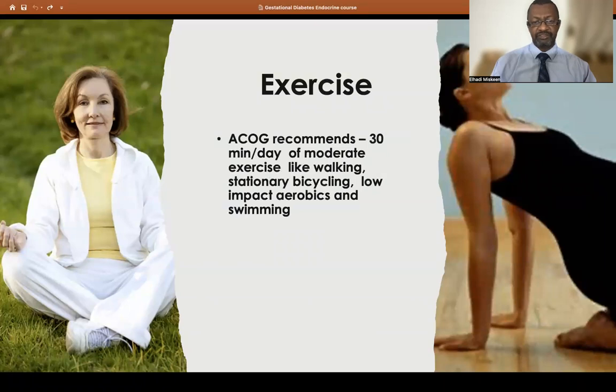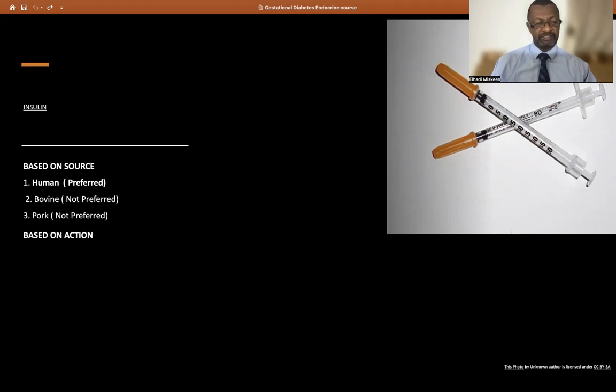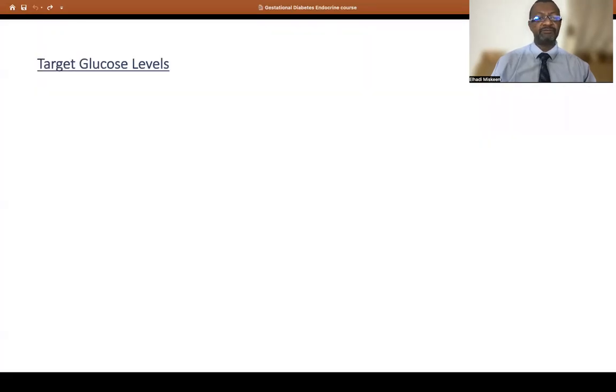As we mentioned before, exercise is very important in the management of gestational diabetes. We can categorize insulin based on its source, either human, bovine, or pork. Human is preferable, and based on their actions, it can be short, intermediate, or long acting.